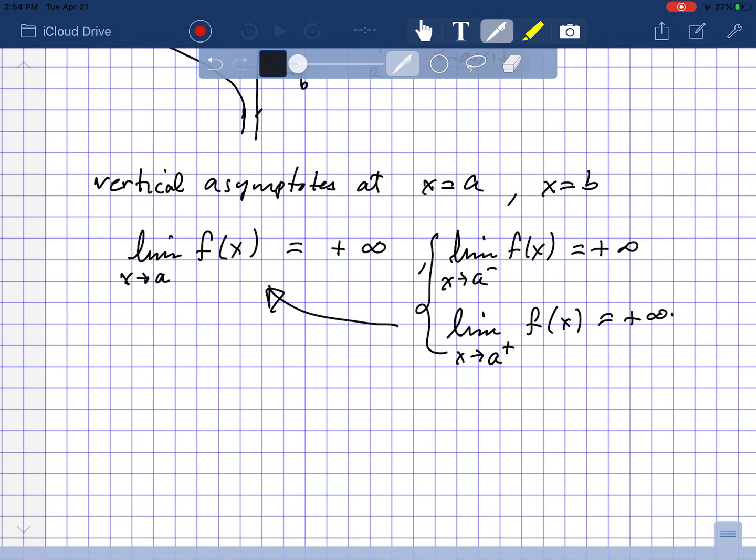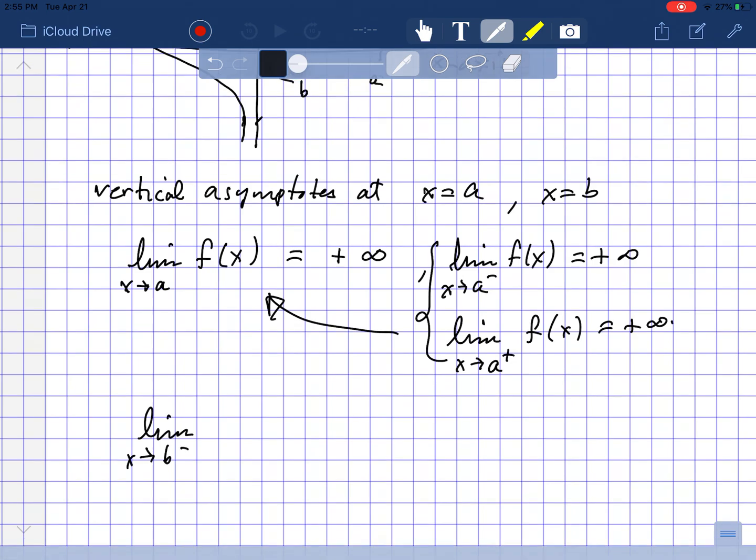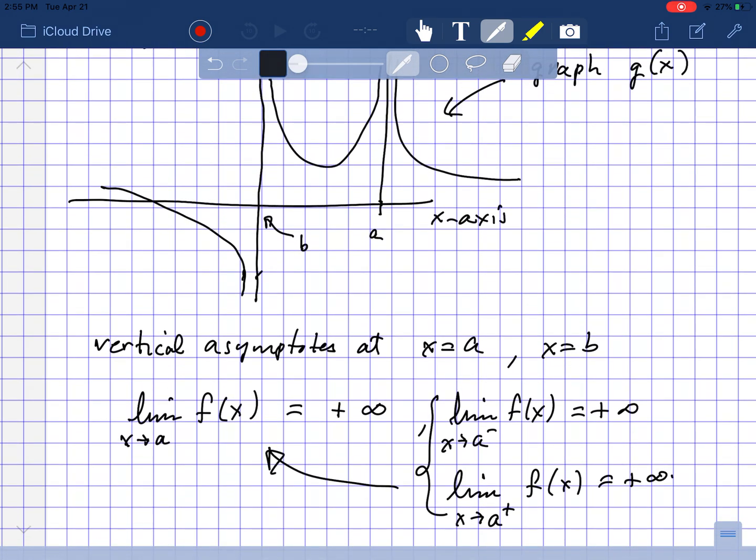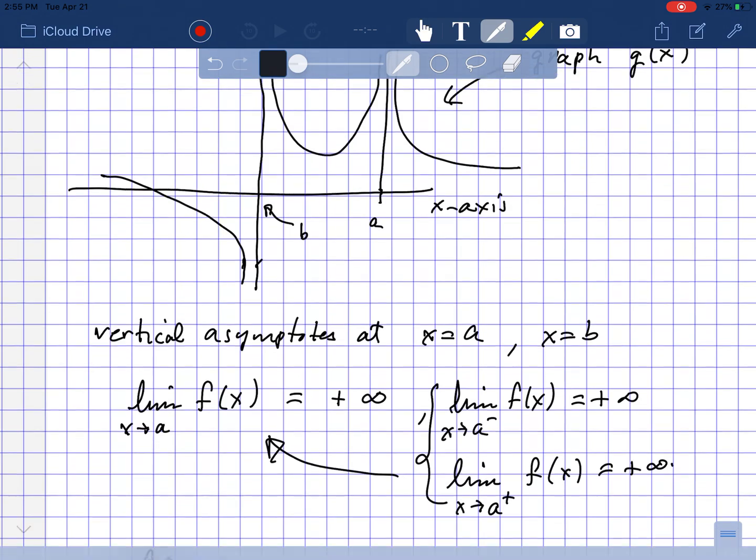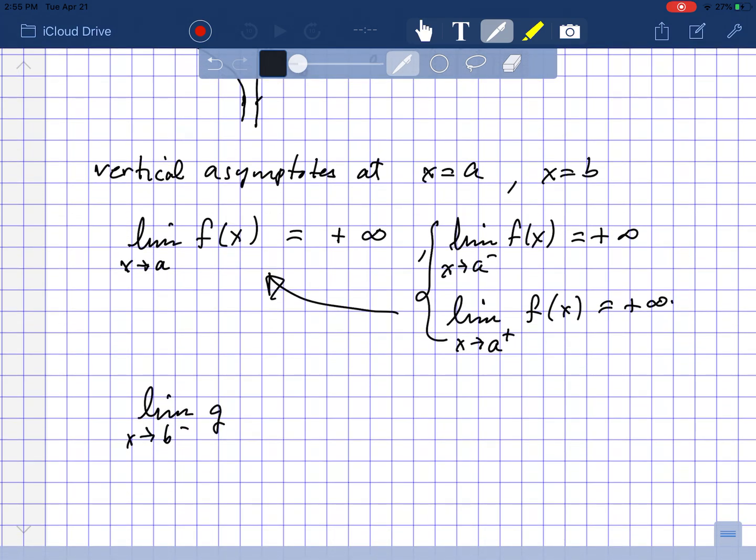Let's look at b. So if I look at the limit as x approaches b from the left-hand side, then what I see is the values of my function g keep decreasing, and they tend to minus infinity.